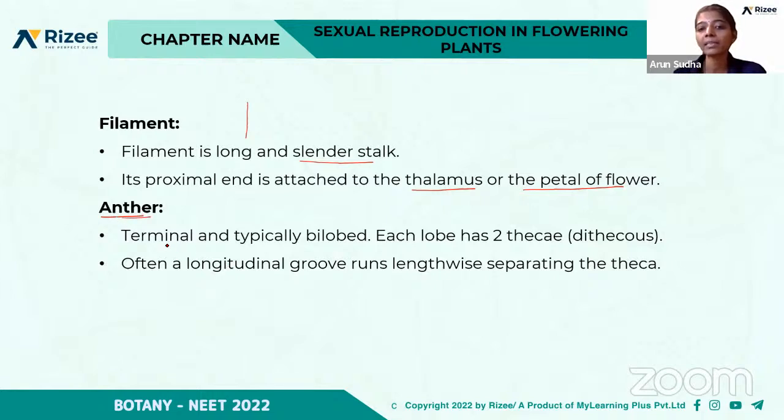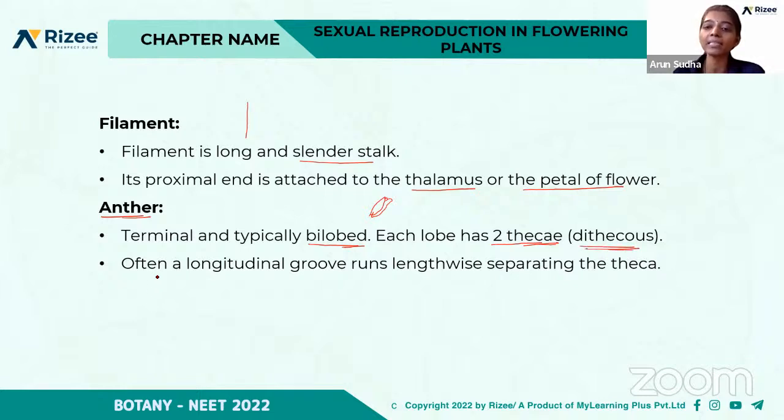It is present at the terminal end, and it is typically bilobed. That is, it is present in the form of two lobes, and each lobe has two thecae. We call this the dithecous condition.